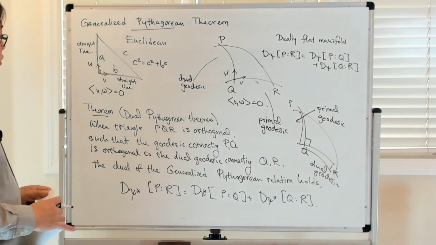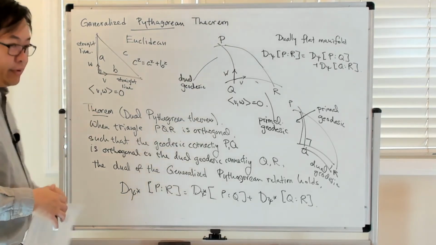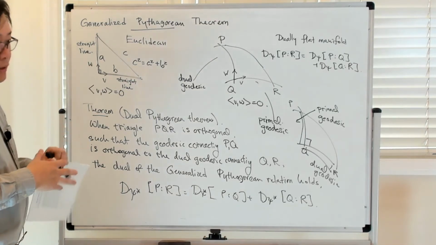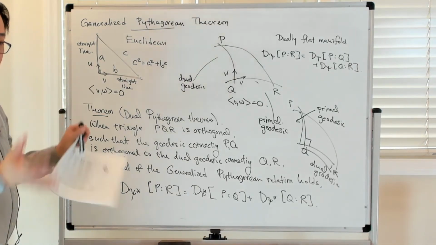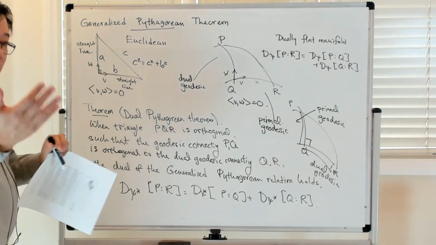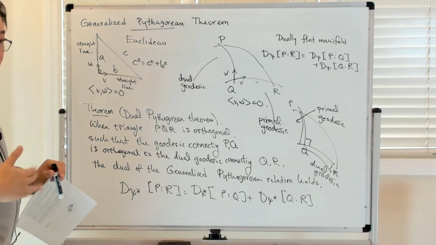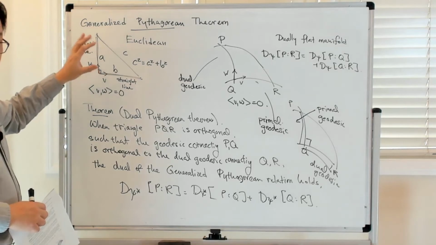Okay, so what's going to happen next? The reason why the Pythagorean theorem shows up is because if you recall, a lot of what we do when we're working in Euclidean space and having some notion of orthogonality is this idea of orthogonal projection, okay? And a big part of orthogonal projection is having the Pythagorean theorem come into play.